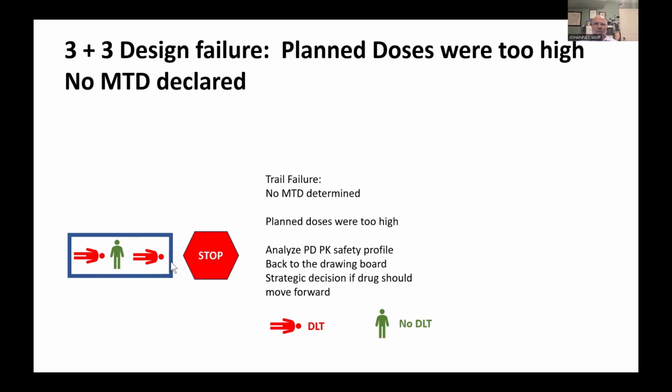You cannot go lower because it was the first one and there is no dose level -1. Some protocols have a dose level -1, but not in this example. So in this example, it's the end of it. You need to look at all the data, rethink, possibly amend the protocol, possibly write a new protocol. But in any case, this one is stopped and it is kind of a trial failure.